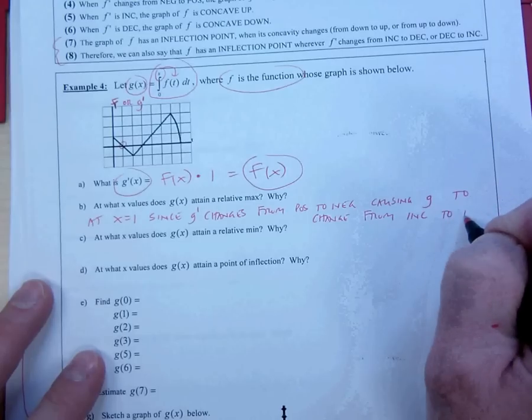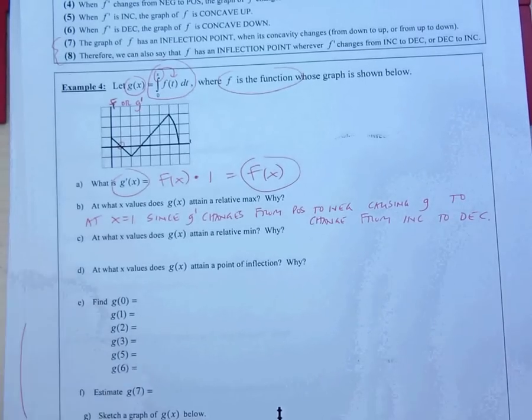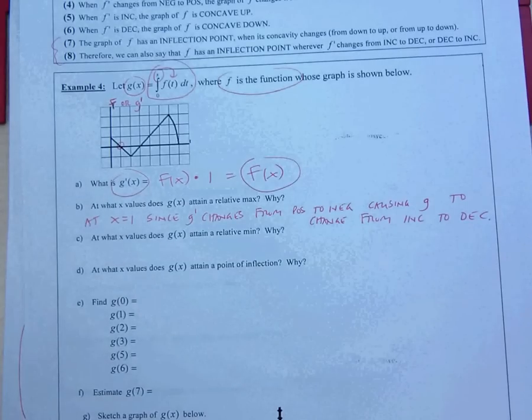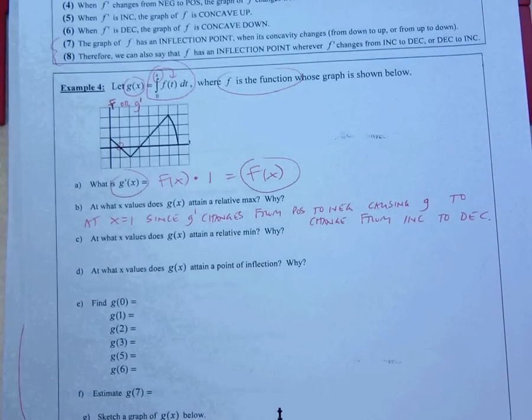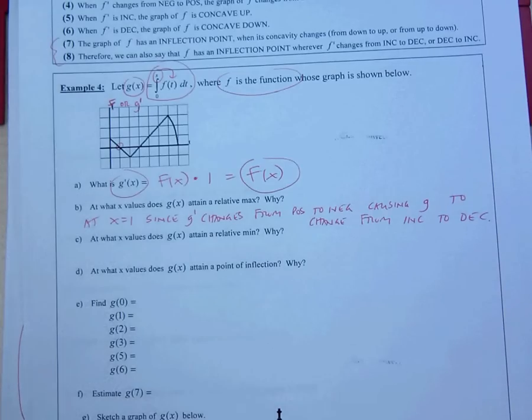Very good. If this were the AP test, you would have to say all of that, because it asks you to justify your answer. It says why. So you'd say G has a relative max or a hill at x equals 1, since G prime changes from positive to negative, causing G to change from increasing to decreasing.